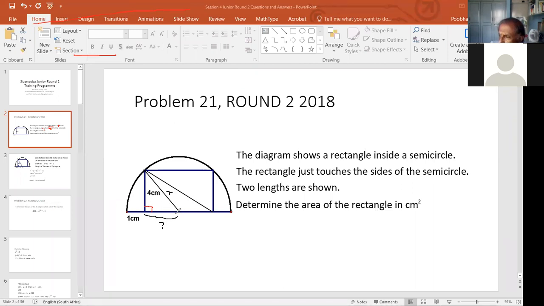All right, and the other side, we've got 1 is 4. This is the hypotenuse. We don't know this, but a little thought will tell you that the distance from here to the boundary, this thing here, is also the radius, which means, and we know that this is 1. See, now that 1 becomes useful here. So it means that this piece here is the radius r minus 1.